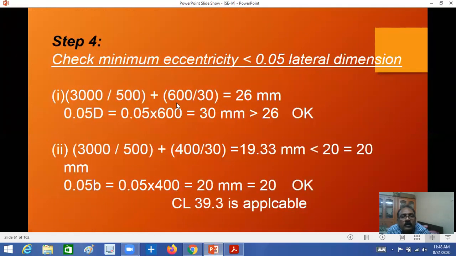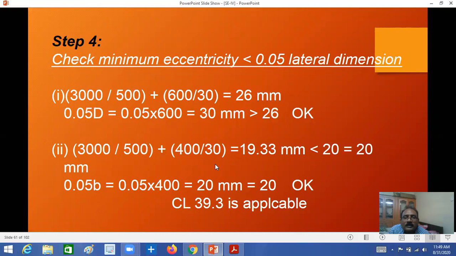In this way we have to mention, and we have to check for minimum eccentricity. That is L by 500 plus D by 30 equal to 26. Now, what is the minimum eccentricity? 0.05D, that is 500 by 30. 30 is greater than 26. Then it's okay. Now, in the shorter direction, 3000 by 500 plus 400 by 30, it is 19.33 and it is less than 20 mm.